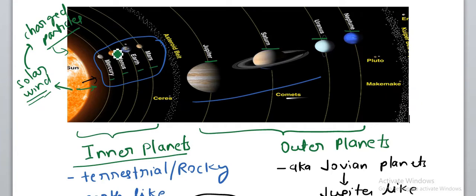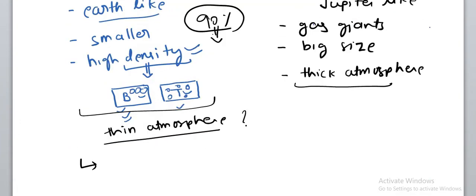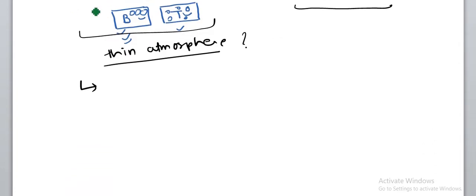Whatever gases surround the inner planets, the solar wind blows off these gases, right? So that's why these inner planets have a thin atmosphere. So one reason is the solar wind.